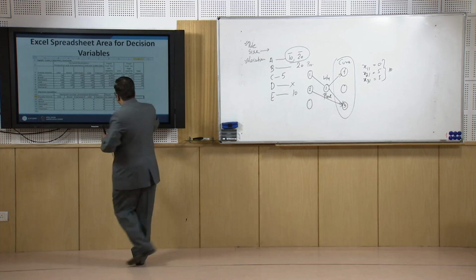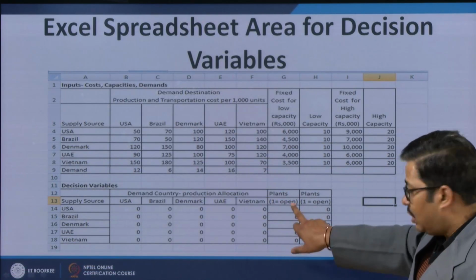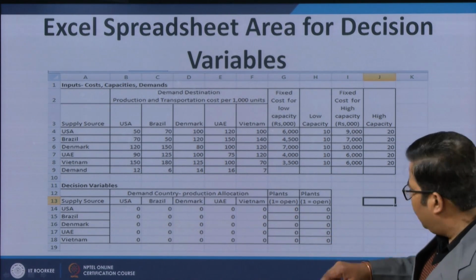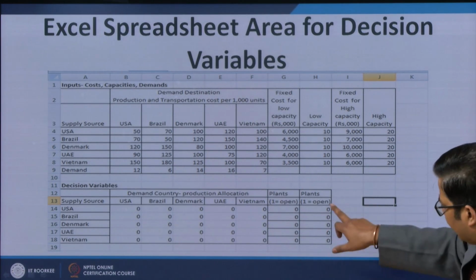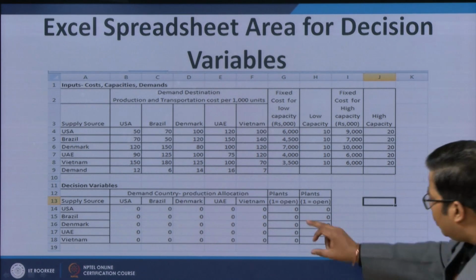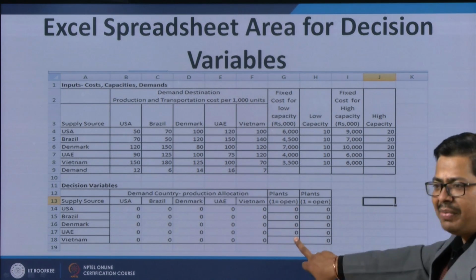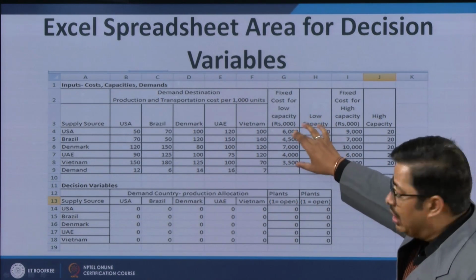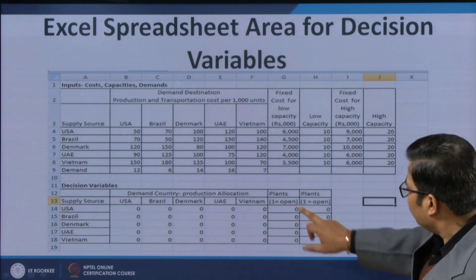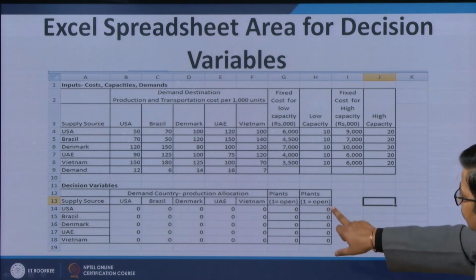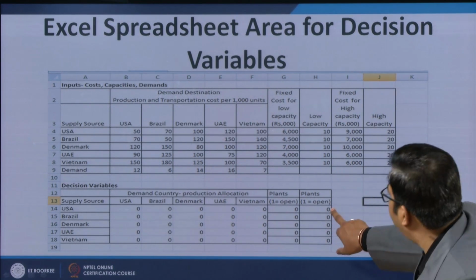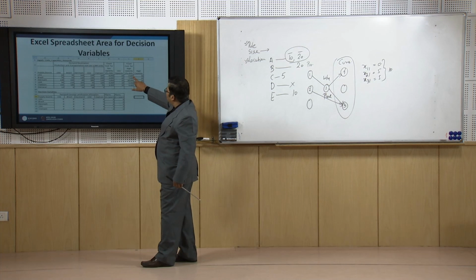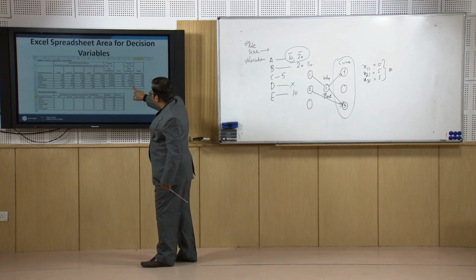If you open a low capacity facility, a one will come in those places in this column, and if you open a high capacity facility, a one will come in those places in that column. The values of this column, for low capacity, need to be multiplied respectively by the values of this G column, and the values of the column from H14 to H18 need to be multiplied by the values of I4 to I8 respectively.